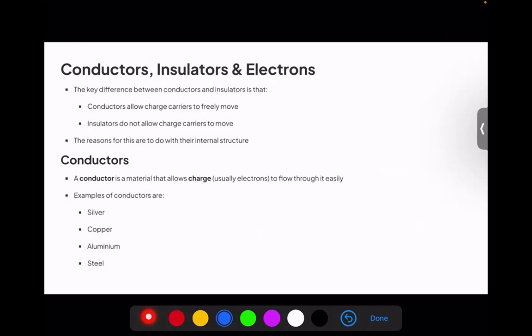When they ask you for the difference, this is the definition I want you to write in your exam, because this is what they expect. Conductors allow charge carriers to move. Insulators do not allow this, which is why insulators do not conduct electricity. In actual fact, insulators do not have free electrons either.